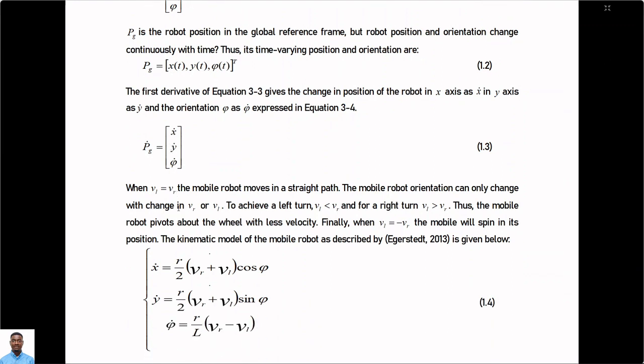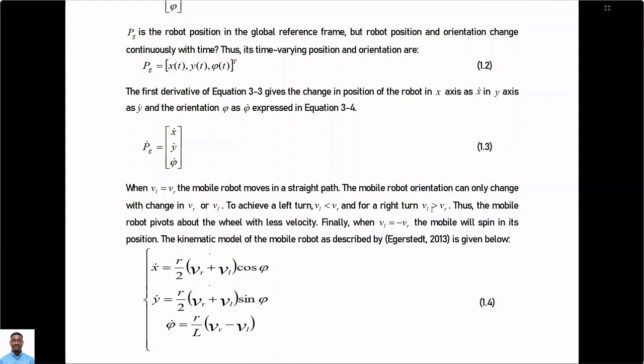For a differential drive wheeled mobile robot, when the velocity of the left wheel is equal to the velocity of the right wheel, the robot moves in a straight line. However, when the velocity of the wheel on the left is greater than that on the right, the robot will turn in the direction of the wheel with the lesser velocity.